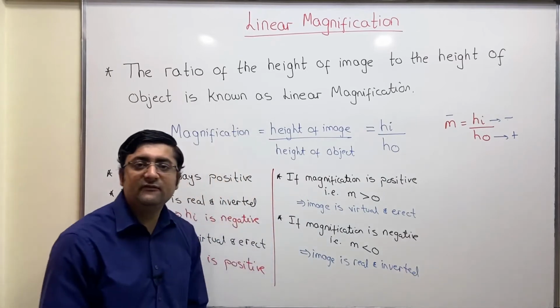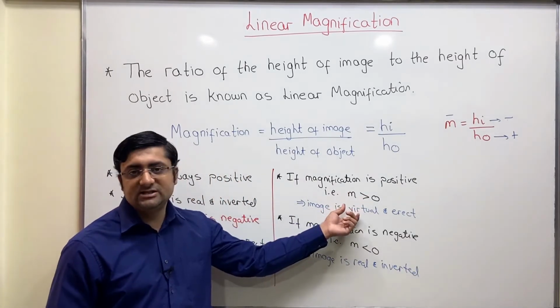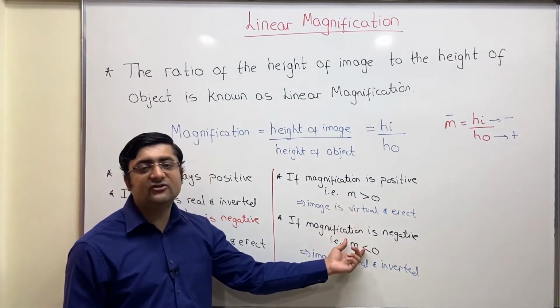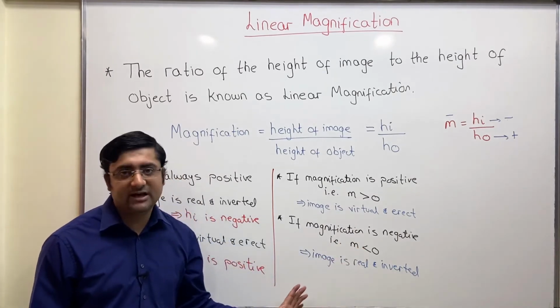So remember guys, whenever we get the magnification as positive, the image is virtual and erect, and when the magnification is negative, the image is real and inverted, and vice versa.